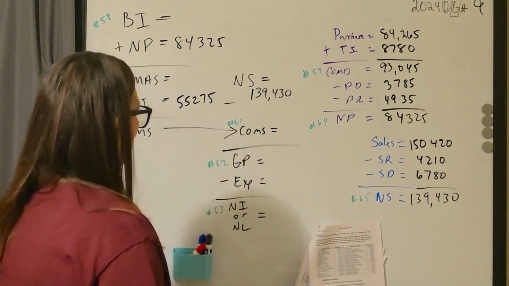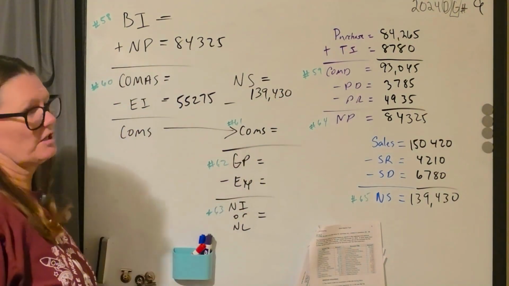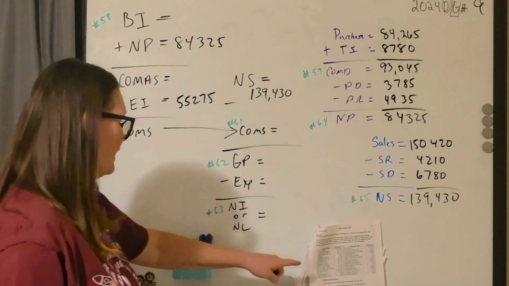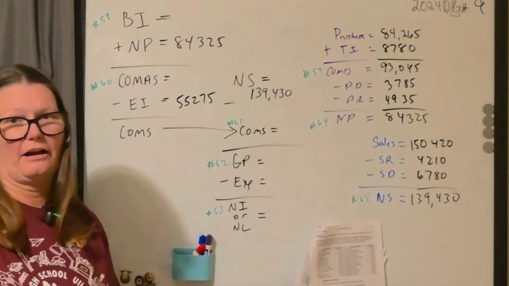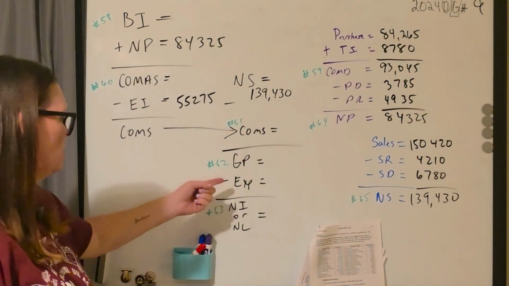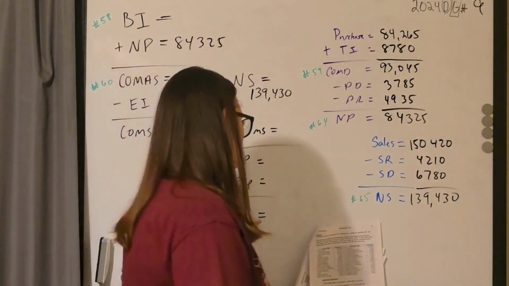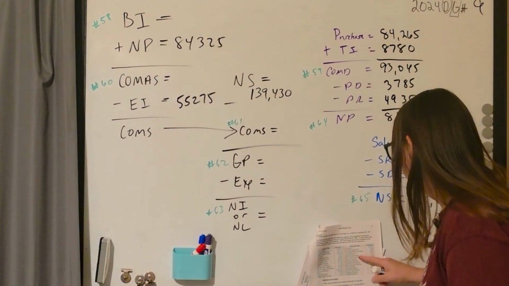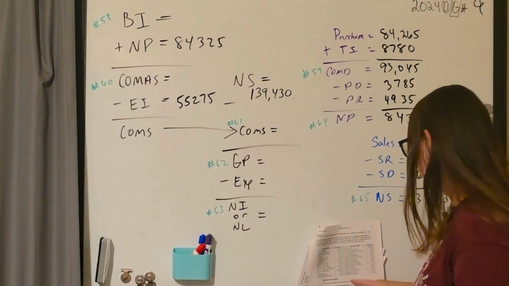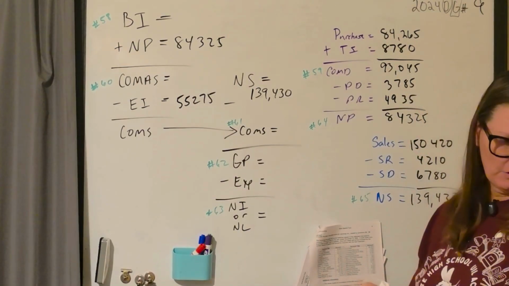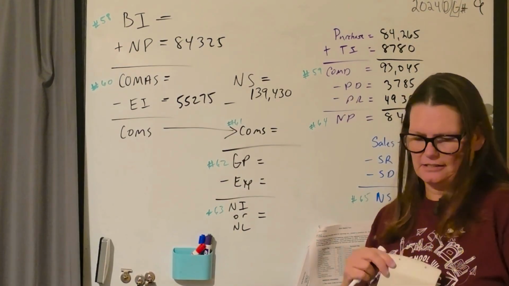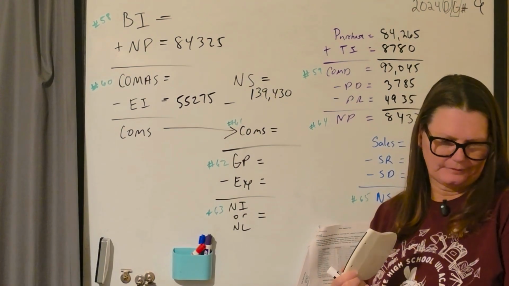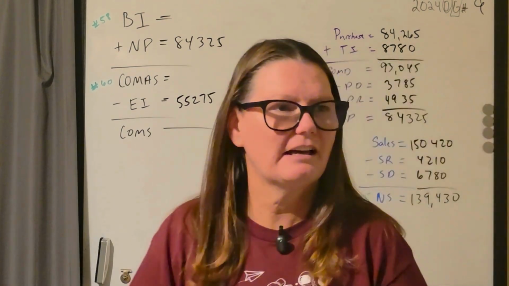Now, I don't have cost of merchandise sold. I will never have gross profit because it's not an account number. It's a calculation. Total expenses: I would have to add up all my expenses, starting from advertising all the way down to utilities.